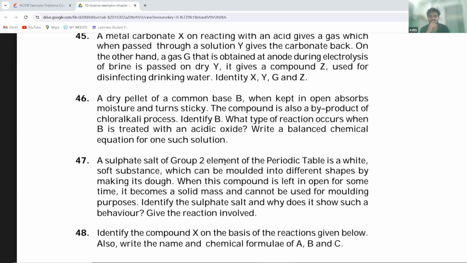NaOH? Yes. What type of reactions occur when B is treated with an acidic oxide?